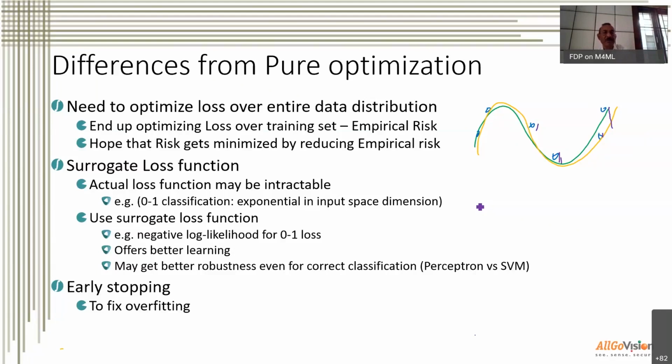So we use some log likelihood kind of loss function for the 0-1 loss. We will not get into details of that, but what we use as the loss function is only to drive towards the correct classification, but not necessarily is itself the classification. Okay, and that offers better learning.